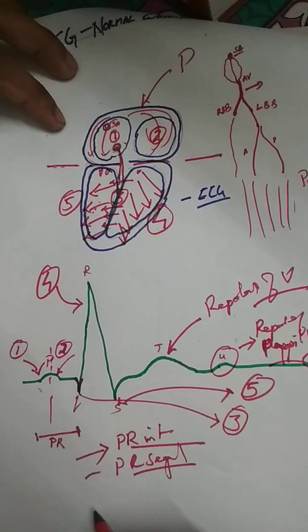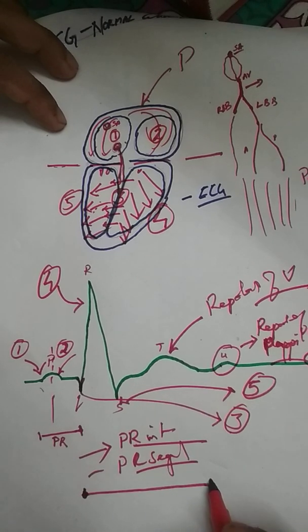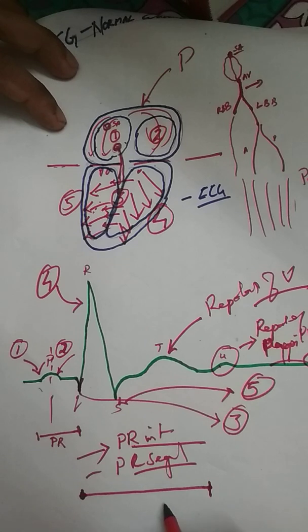And there are certain intervals. The first important interval is the QT interval. The QT interval extends from the beginning of the Q wave up to the end of the T wave, and normally it is around 0.42 seconds, or it should be less than 0.4 second.